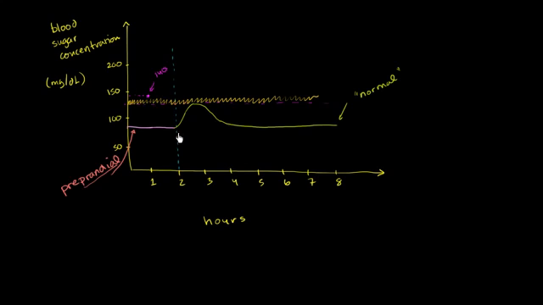The other thing is if after a meal it spikes well beyond that, if it gets above 180. And once again, these are all just thresholds that doctors and researchers have come up with that say, hey, this is a good indication that somehow you are not processing glucose properly. So 180 is up here. And I'm drawing it as a squiggly line because it's kind of a range.